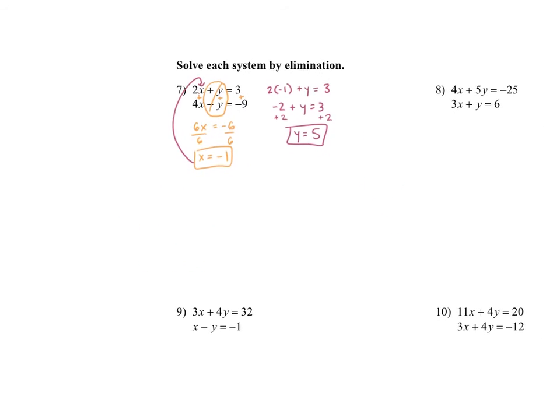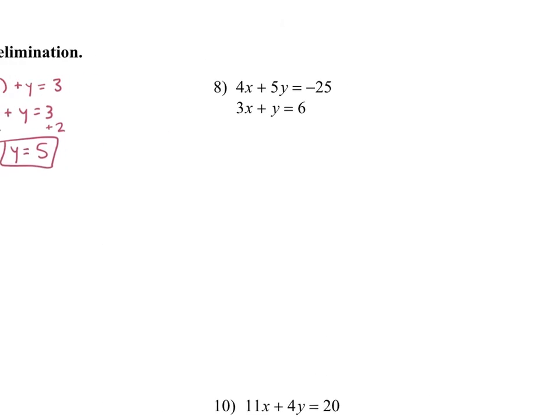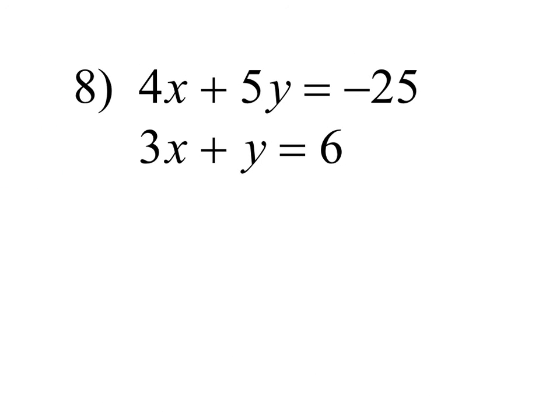All right. Miss Carter, yes. What if they don't have a positive and negative y? All right, so let's look at number 8. What would we need to do here to get them to have a positive and negative, either x or y?